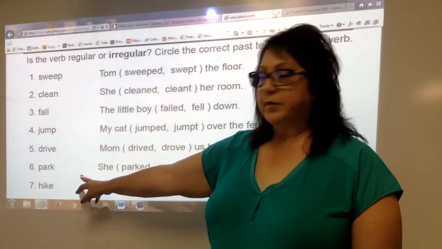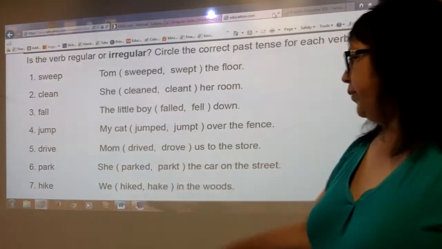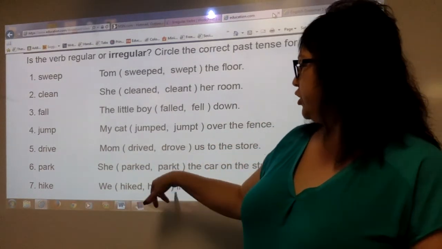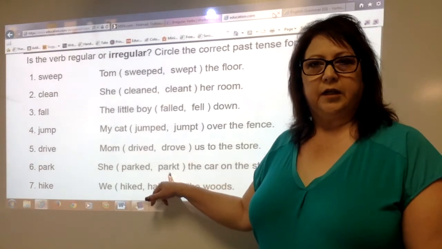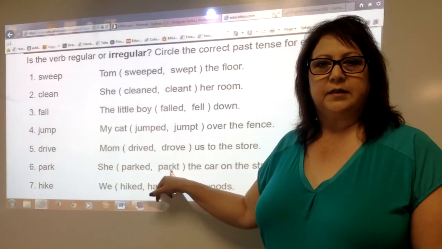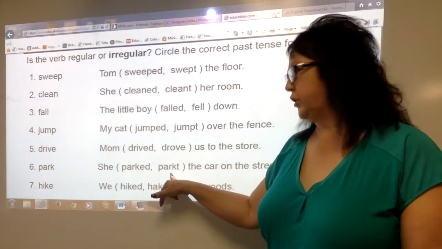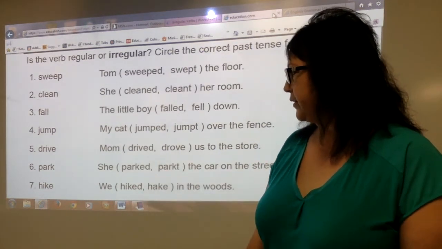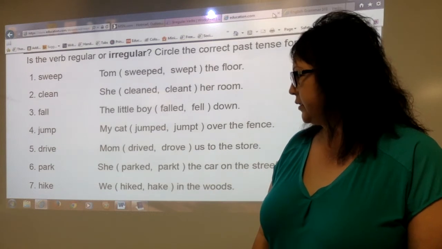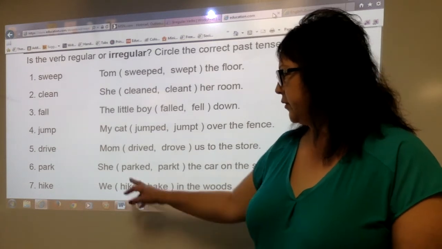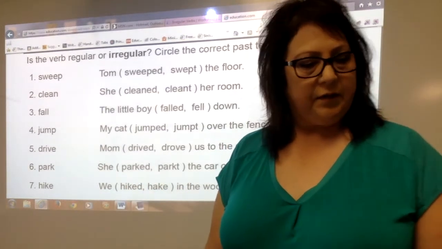Okay, moving on to number 6. She parked the car on the street, or she parkt? Take a look at that spelling right there. Does that seem like something, does that seem right to you? Does that seem like the way we would spell that? Parked. Sound very similar when we say it.